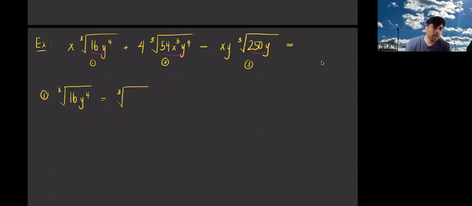For example, 1 cubed is 1. 1 is a perfect cube. 3 cubed is 3 times 3 times 3, which is 27. 27 is a perfect cube. So what number divides 16 that is a perfect cube? Not perfect square, perfect cube.